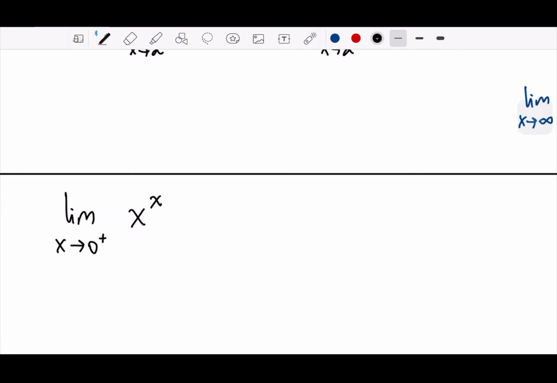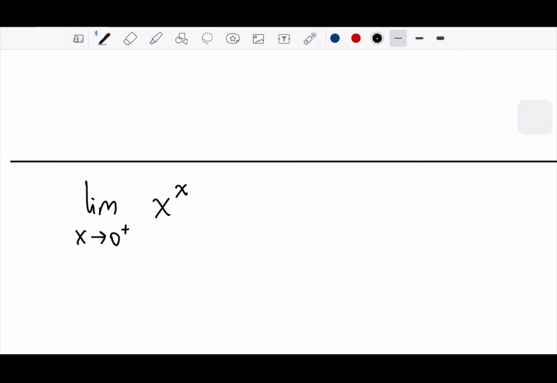Now if we observe, this is 0 with the power of 0, right? A 0, 0 situation. So the idea, if we have 0 in the power, is that we want this x not in the power, but rather beside the other x. How can we do that? How can we take this down? That's the question.